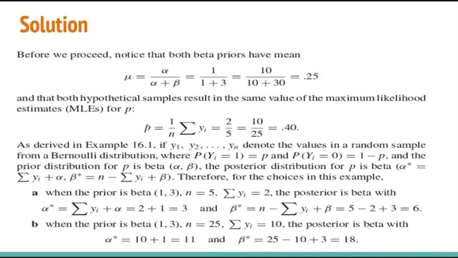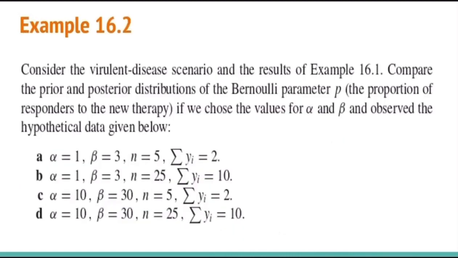Take a look at this. Can you see that? If alpha equals 1 and beta equals 3, this is what we're going to have as the posterior parameters, alpha star and beta star. So that answers the first question.